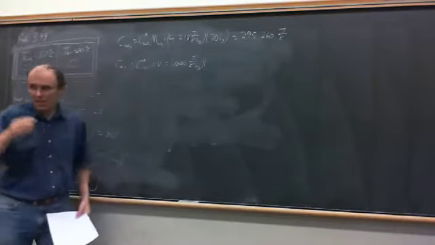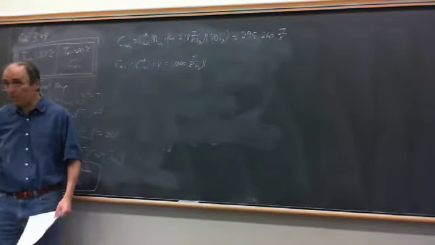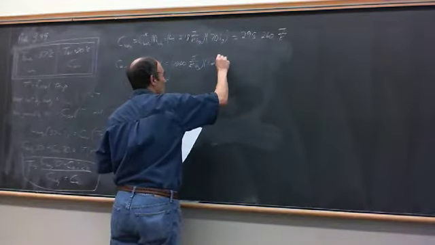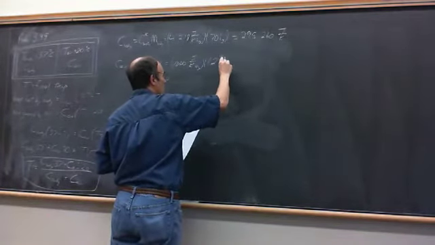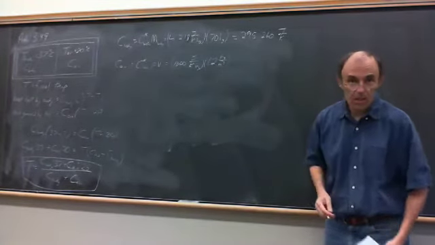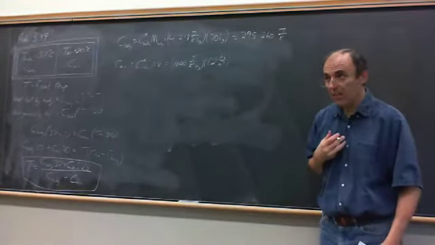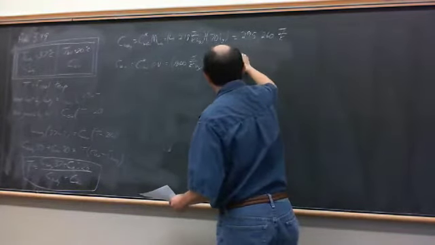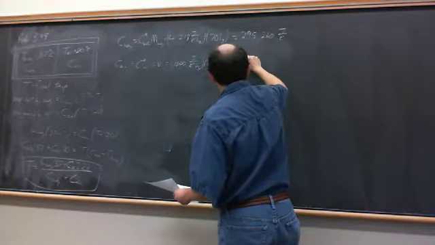The density of the air, from about 2 or 3 classes ago, is 1.2 kilograms per meter cubed. And the volume of the air, it says in the problem, is half a liter. That's about what you get when you have a breath, maybe not a really deep breath, but a standard breath.